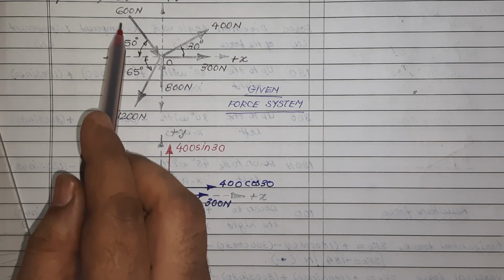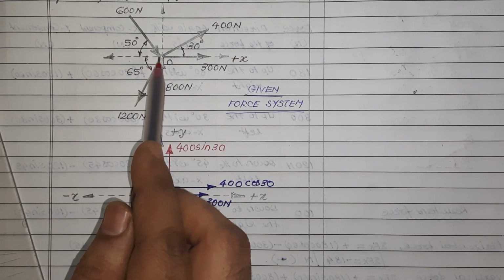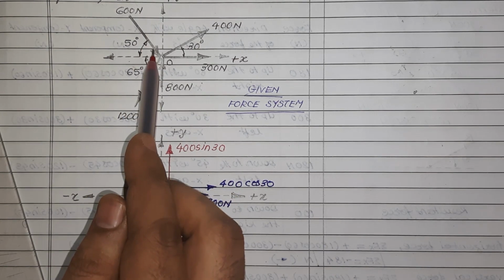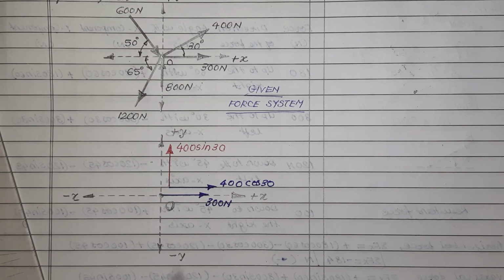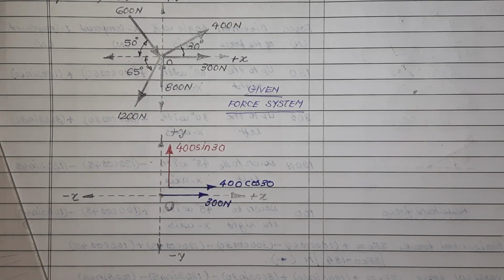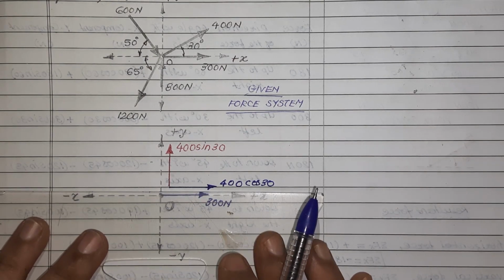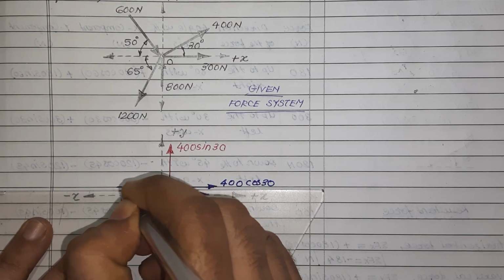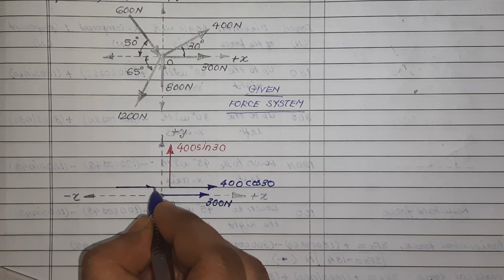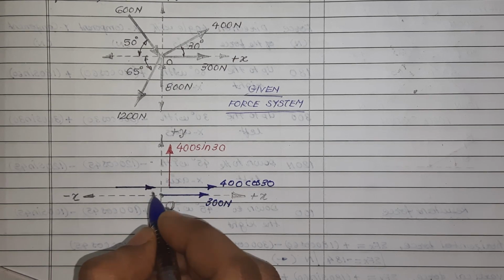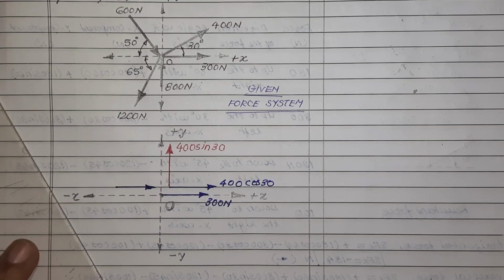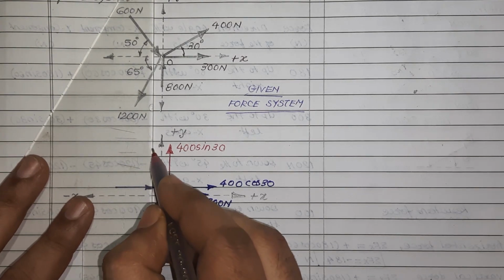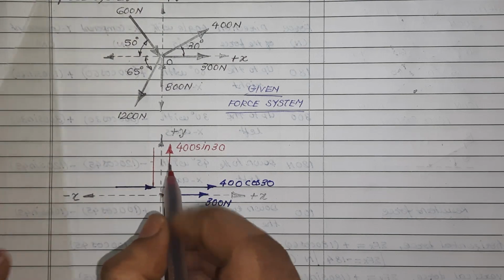Second force is 600 Newton. As per the direction of this force, it is going down to the right. Hence, its x component will be shown rightward and y component will be shown downward. So this is going to be its x component and y component will be like this, which will be downward.